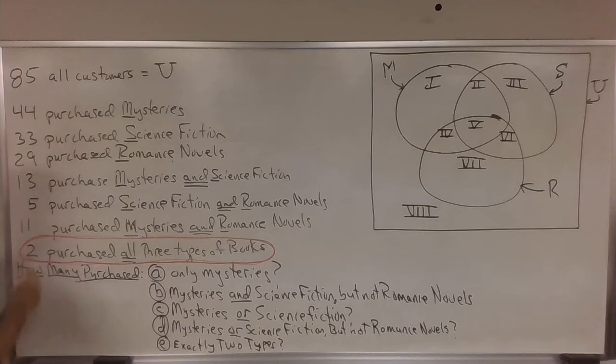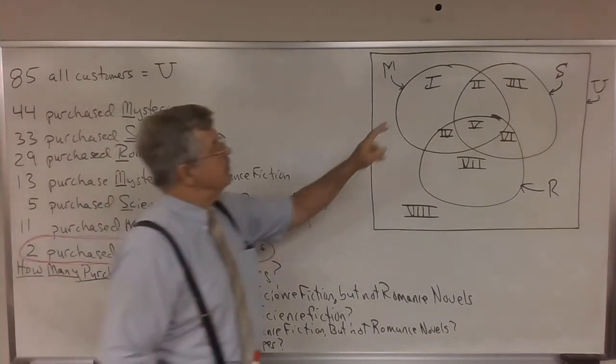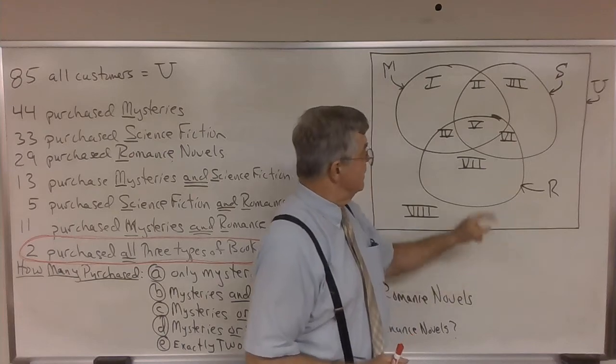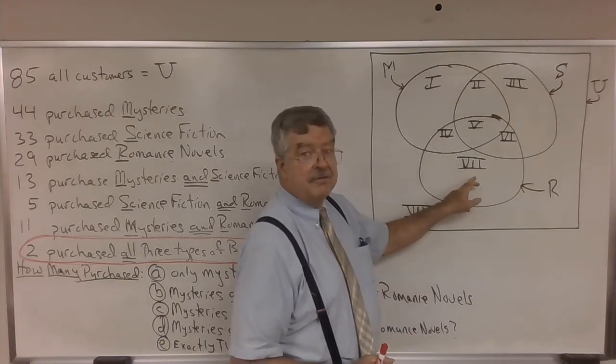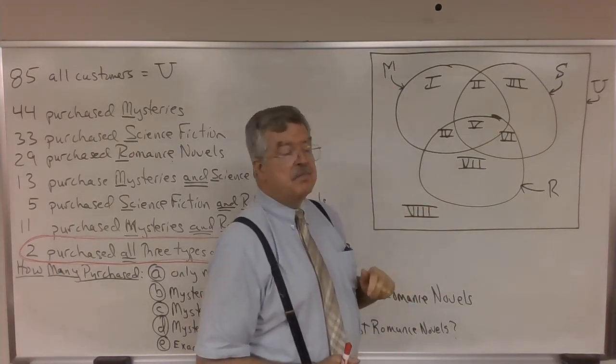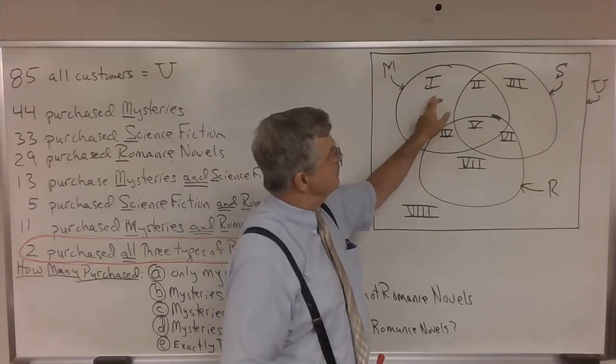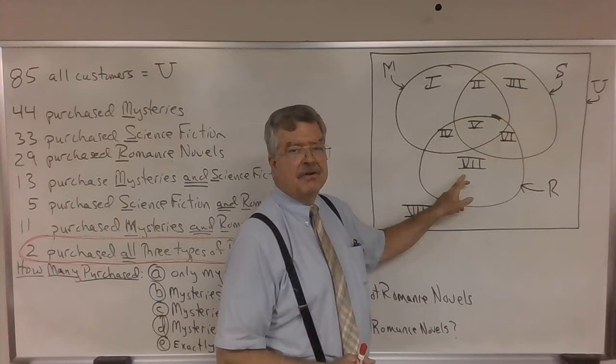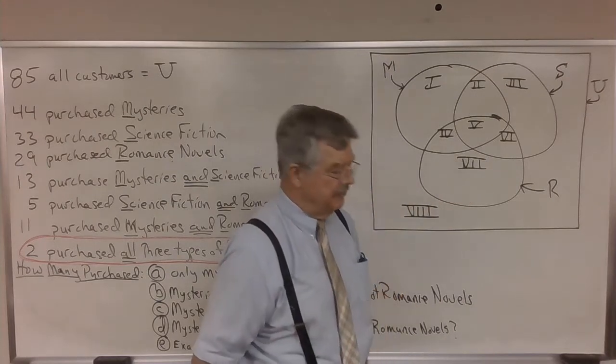Yeah, this one didn't really run out of gas like the other one did. 2 people purchased all 3 books. So in other words, 2 people purchased mysteries. They also purchased science fiction. They also purchased romance. 2 people are in the mystery circle and the science fiction circle and the romance circle. They're in all 3 circles.